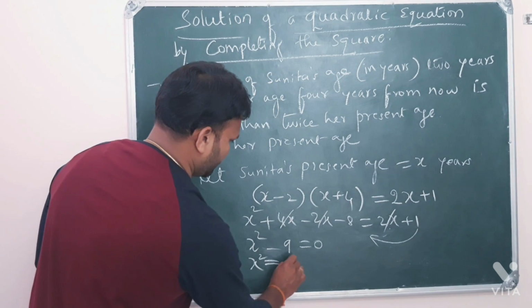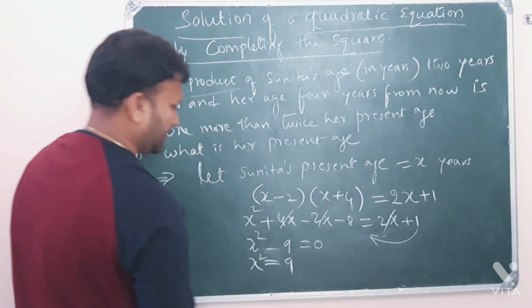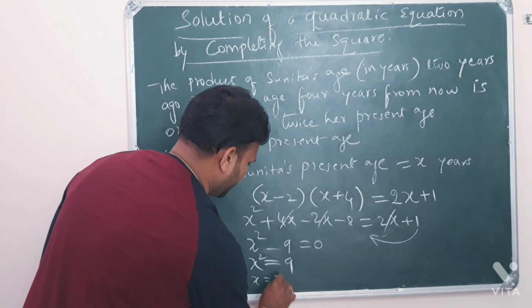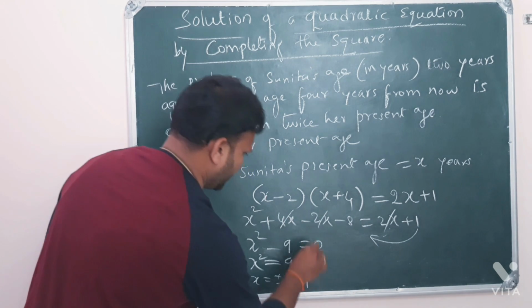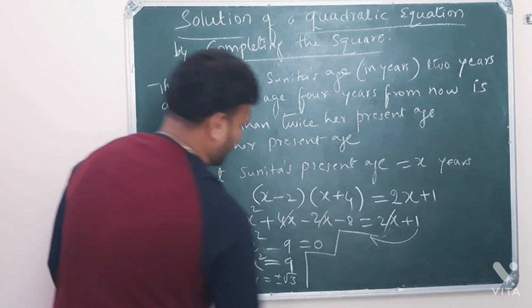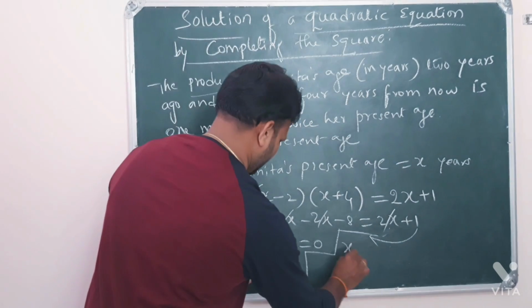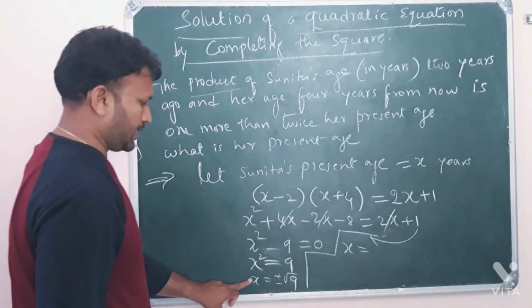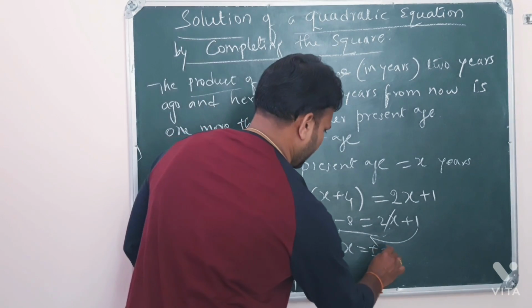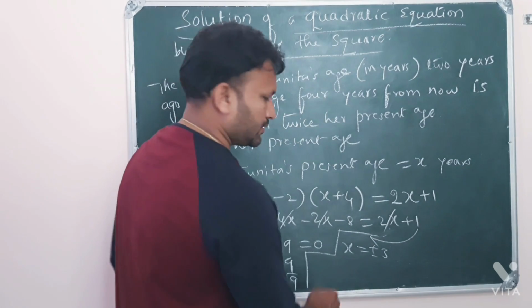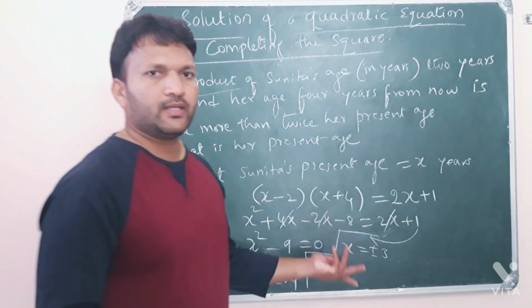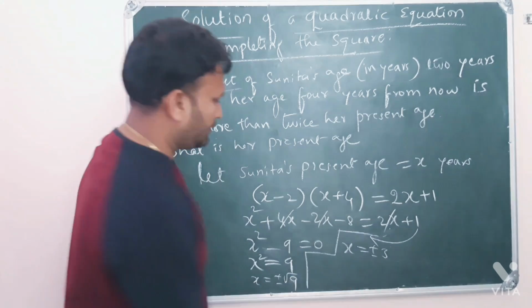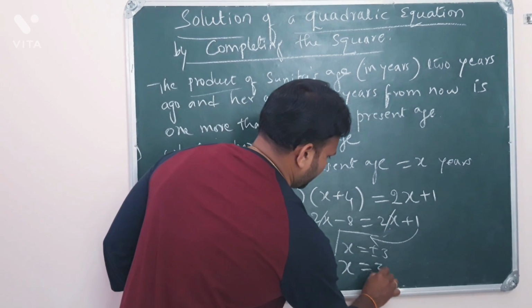x square is equal to 9, and x is equal to plus or minus root 9, x is equal to plus or minus 3. The present age cannot be negative, so x is equal to 3 years.